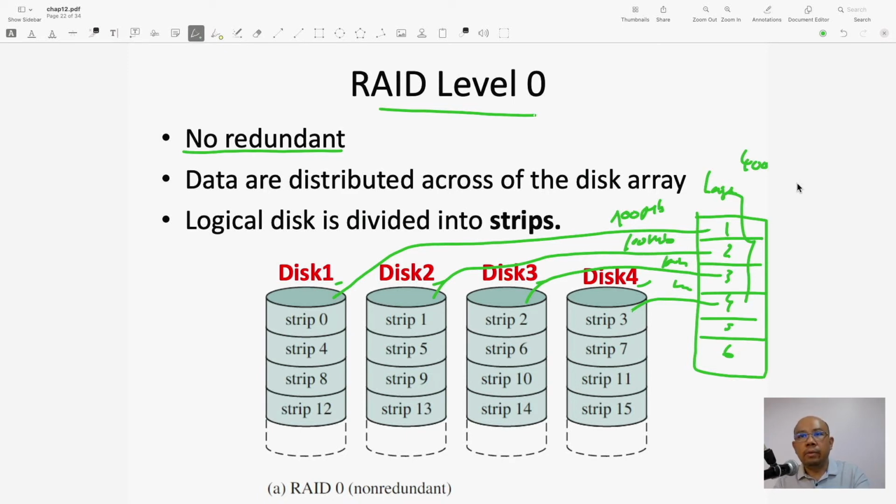In the other direction, when you read the data back, I suppose it is 200 megabytes per second. Multiplied by 4, this is maybe 800 megabytes per second for reading the data.